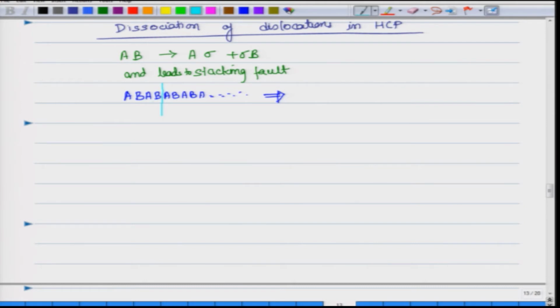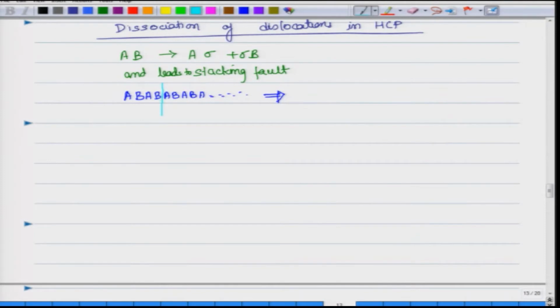So, these are our basal planes AB, all of these are basal planes, here one plane, another plane. So, one of these planes, once the dislocation glides, this one part of this plane would have glided over the layer below it, and therefore, something will change. What changes? So, let us say this is the plane which remains as it is.